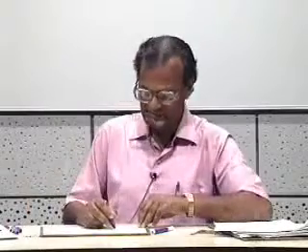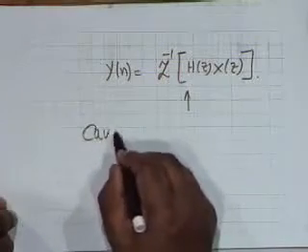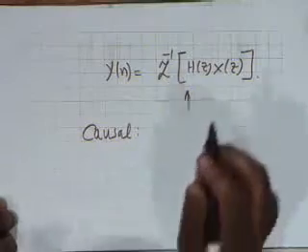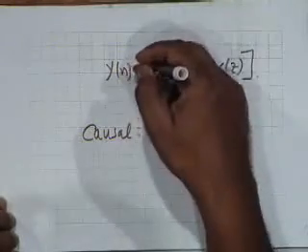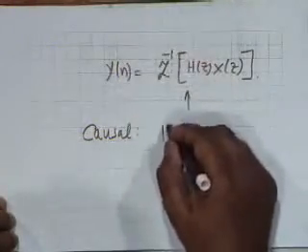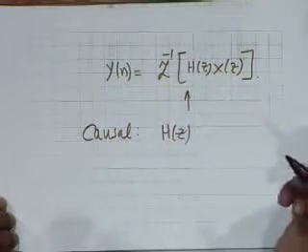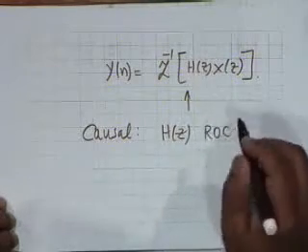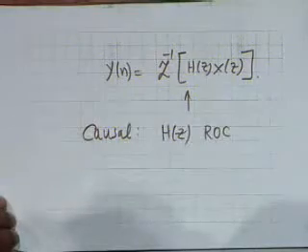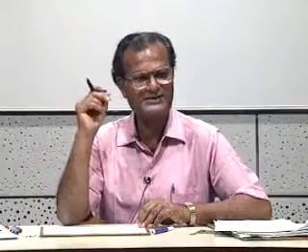Now if the system is causal, then you know that the ROC of capital H of Z, where shall it be? Outside, not necessarily the unit circle, outside a circle.